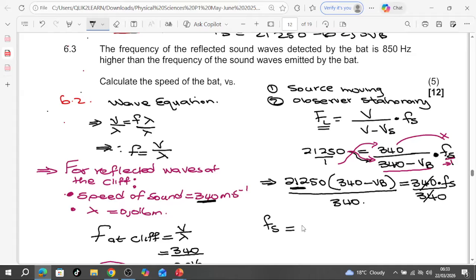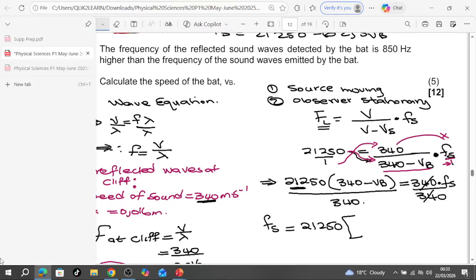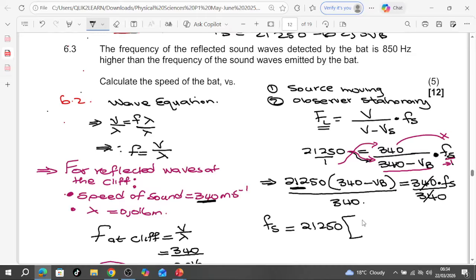So I can rearrange my equation and say this is 21250. Then I need to leave it outside. So when I leave it outside like that, inside the bracket we'll have 340 minus VB over 340.